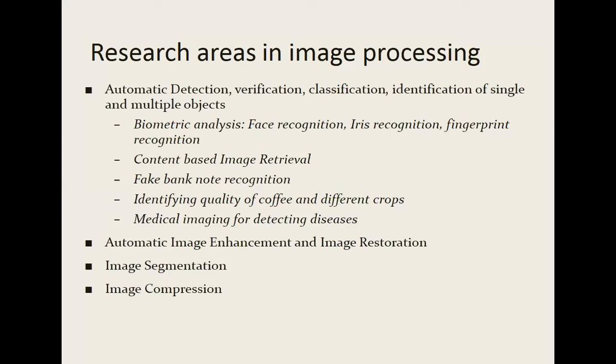How can we check whether the coffee is of better quality? How can we check whether the wheat or sorghum is of better quality? Which sorghum we have to use for melt? Which coffee should be exported with a better quality? To differentiate such things, rather than human beings testing them, we can go for image processing to automatically test.